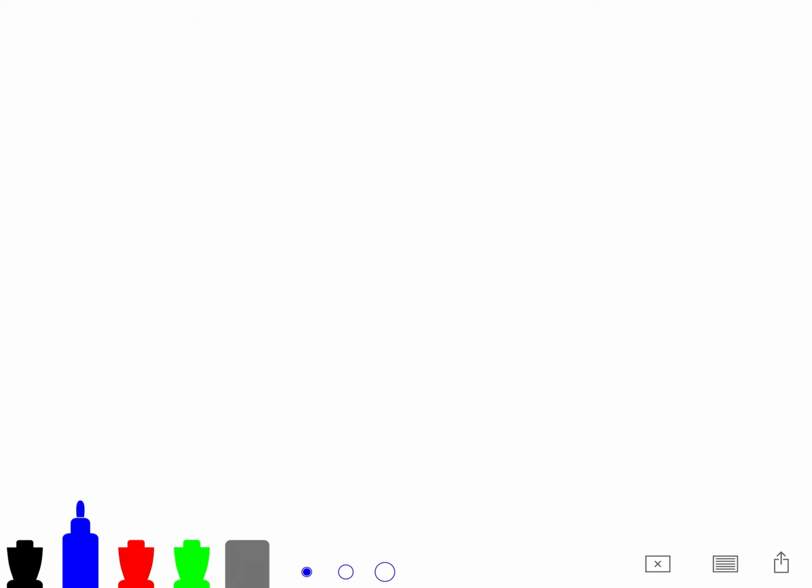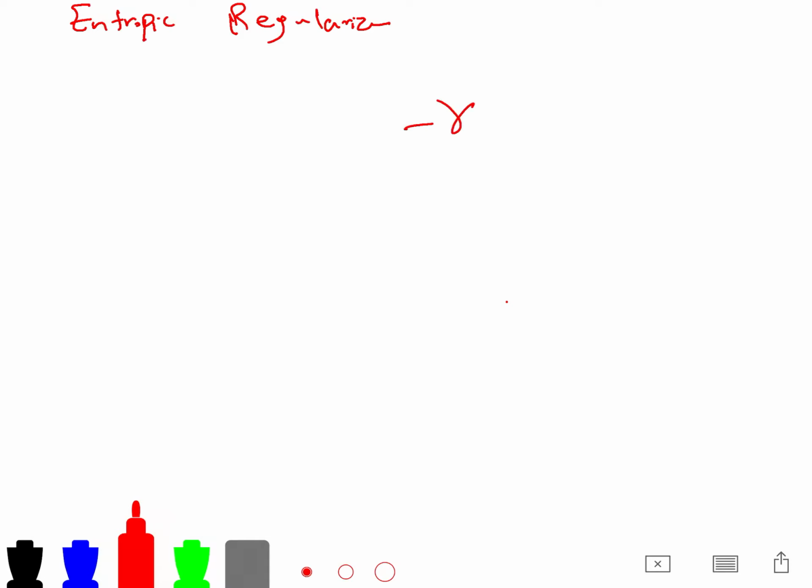And finally, we have entropic regularization that we care about very much because it leads to a very good and scalable algorithm. That's why we are interested. We want to ask optimal transport to be blurrier by using this gamma.